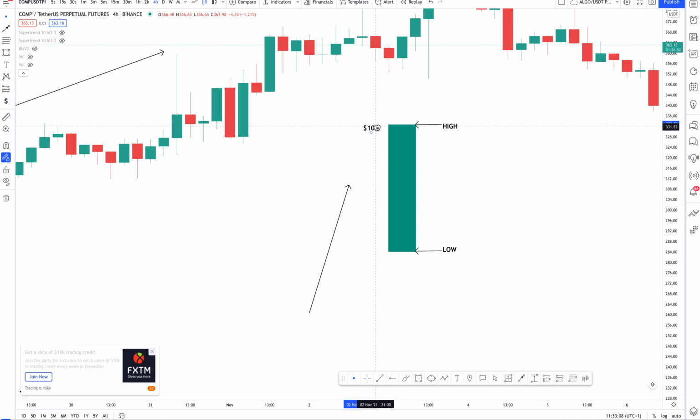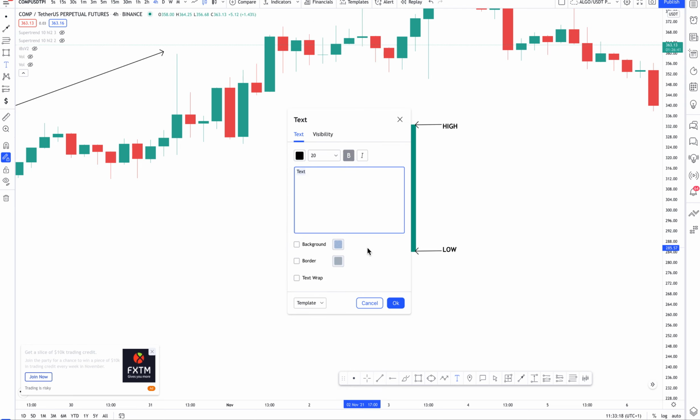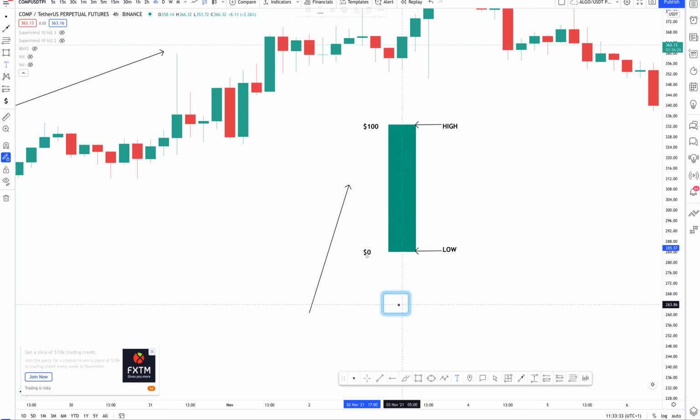Then let's say we have these at 0, no price at all, just for study purposes, for illustration.